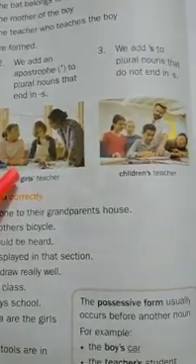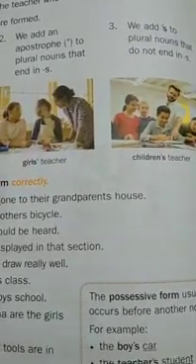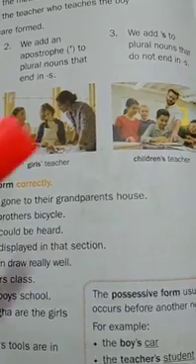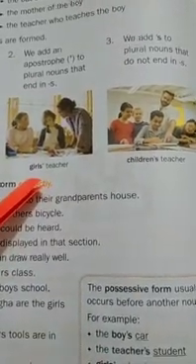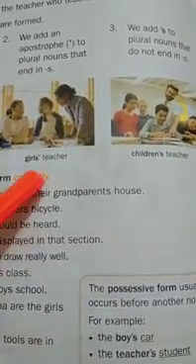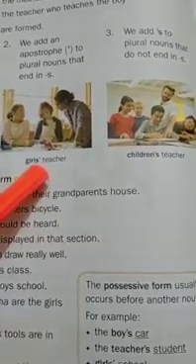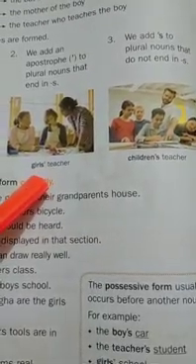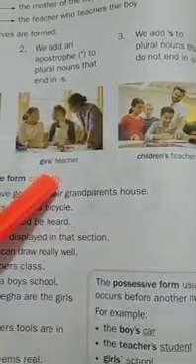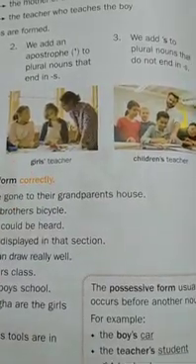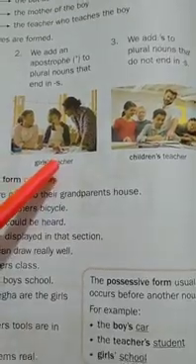See here the difference between these two examples. Okay. See in the second example, the plural form of the noun girl is girls. Means we add an apostrophe to the plural noun that ends in s. Okay. Like this, girls, then we have given here an apostrophe mark.